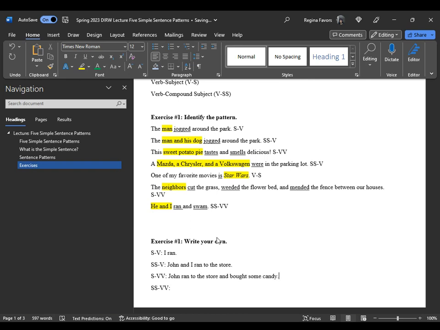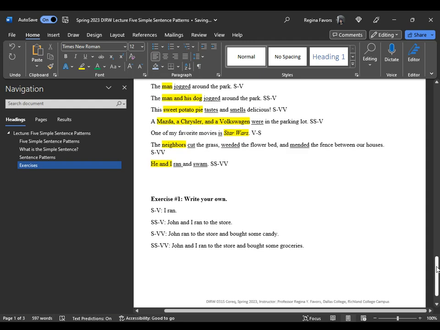So that's subject, compound verb. And then John and I ran to the store and bought some groceries. Okay? And so we have a subject verb, we have compound subject verb, then we have a subject compound verb, and then compound subject compound verb.